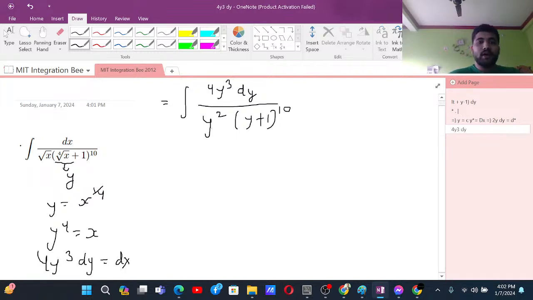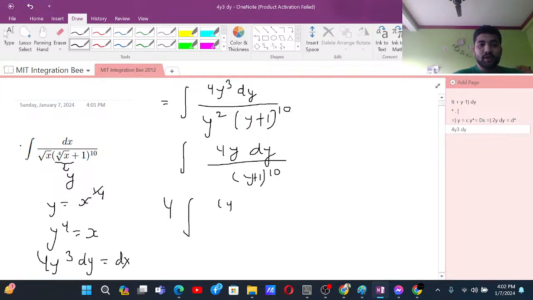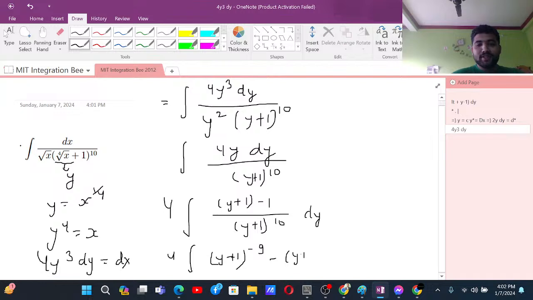Now you can just cancel that out. That will be 4y dy over y plus 1 to the power 10. Now you can try to make y plus 1 in the numerator as well, and then subtract 1. That gives us 4 times integral of y plus 1 to the power minus 9 minus y plus 1 to the power minus 10 dy.